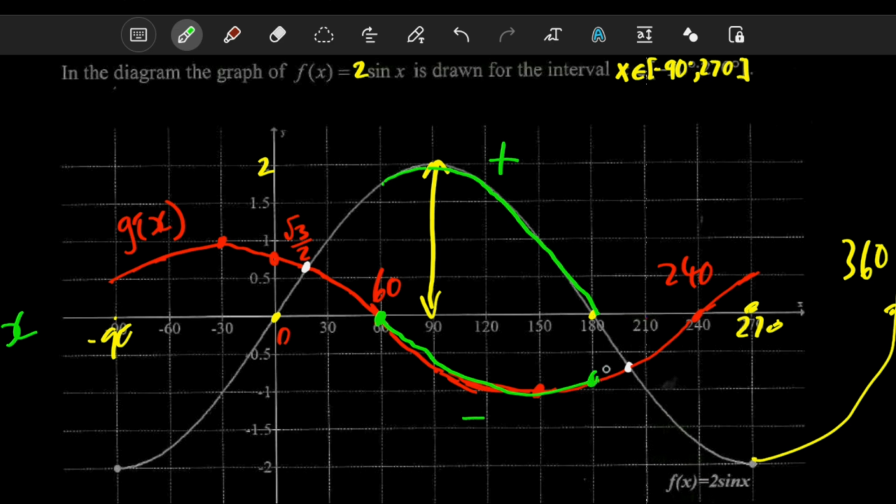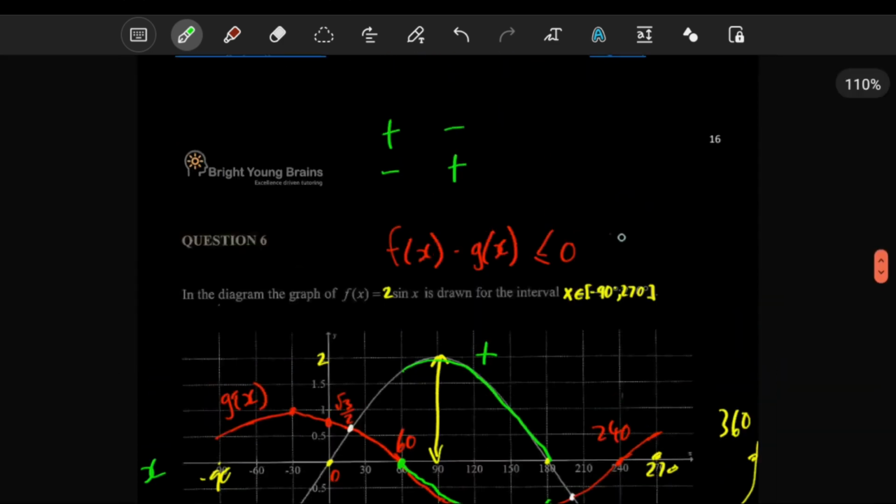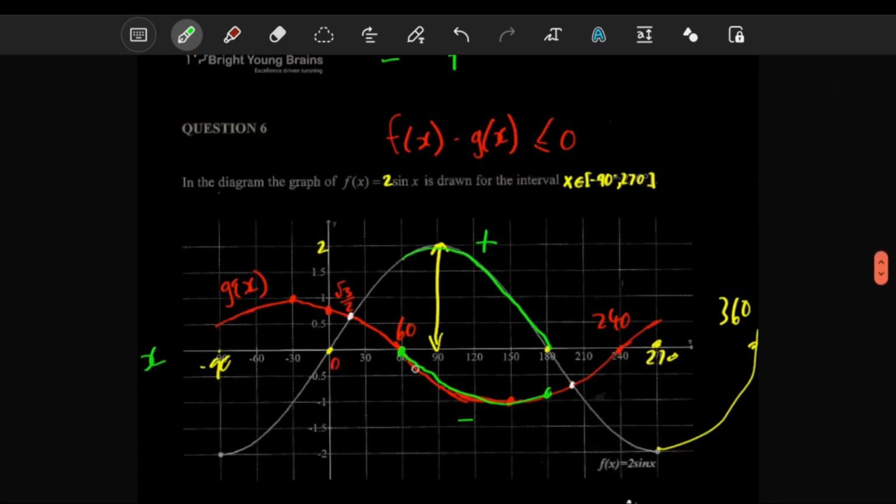So this portion forms part of our answer. Part of our answer is that x is an element of 60, including 60, up until positive 180, and including 180.